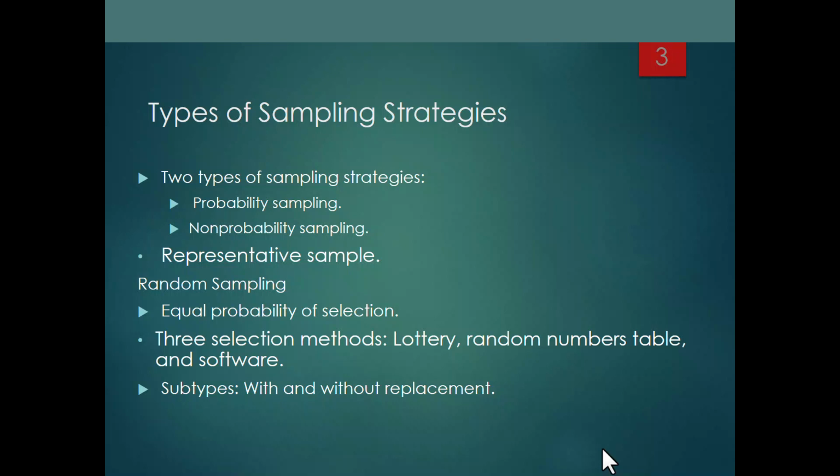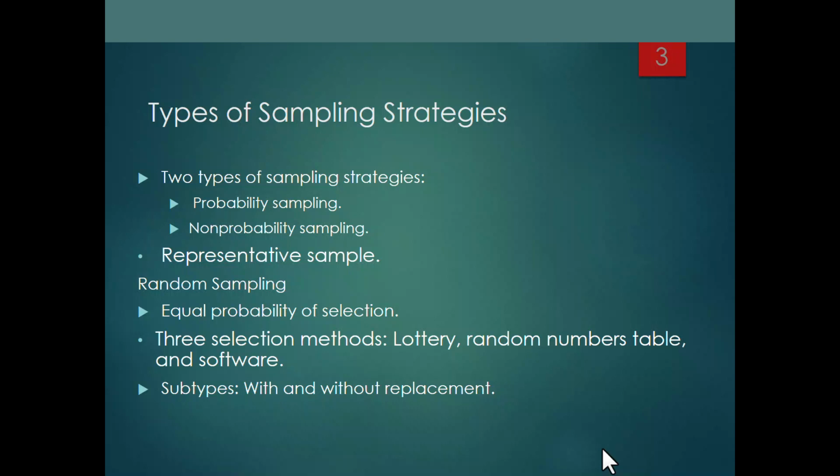So with the lottery, you assign a number to each person, writing the numbers on slips and then drawing the slips at random. With the random numbers table, a list numbering the individuals in random order is generated. Then numbers are chosen at random from a random numbers table. So individuals with corresponding numbers are then selected. So that's how you use the random numbers table.